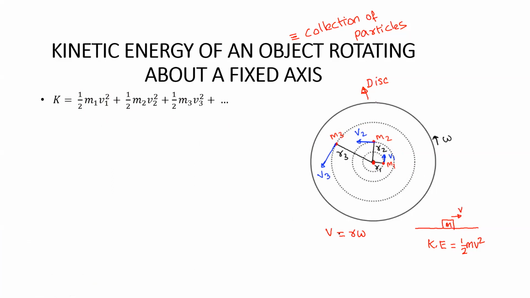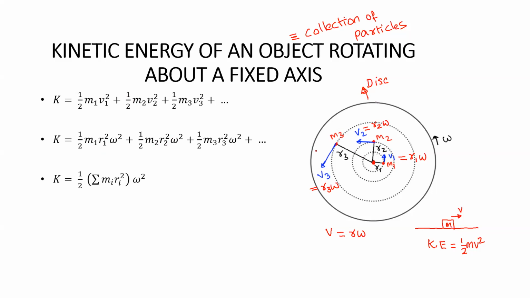So V1 I can write as R1 into omega. The tangential velocity of the second particle, I can write as R2 into omega. The tangential velocity of the third particle, I can write as R3 into omega. If I substitute here, I will get half M1 R1 square omega square, and then half M2 R2 square omega square, and so on.